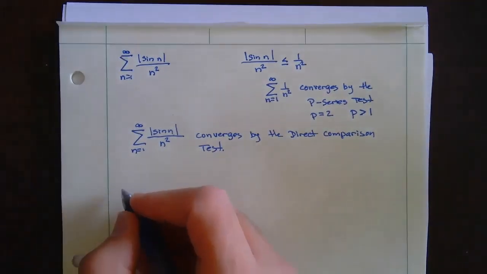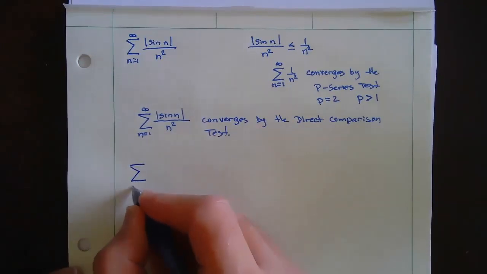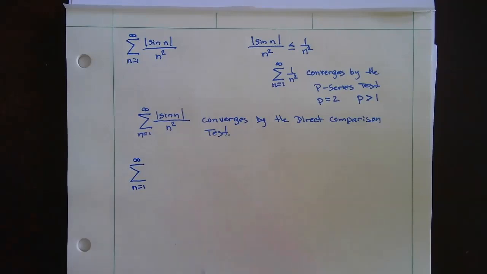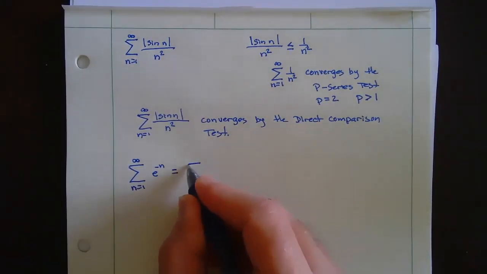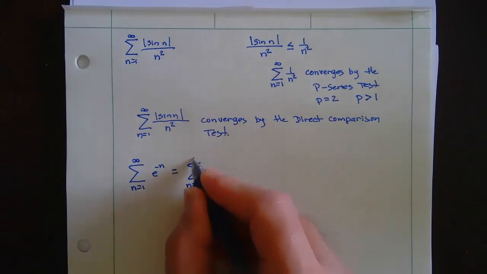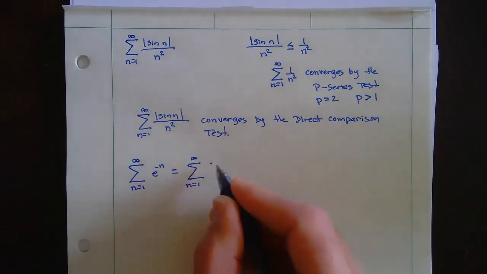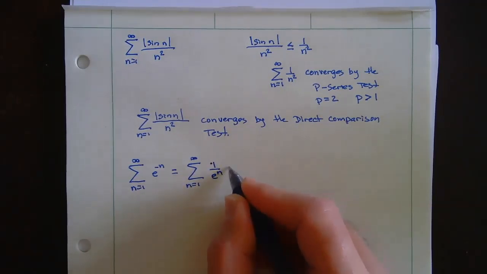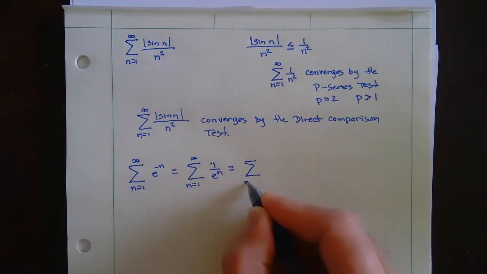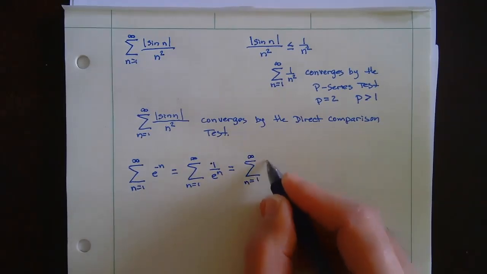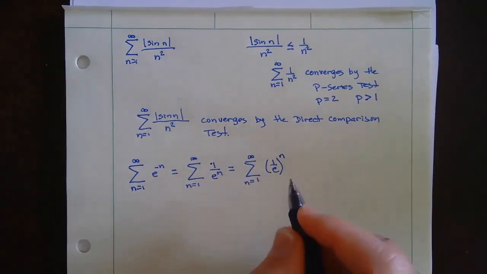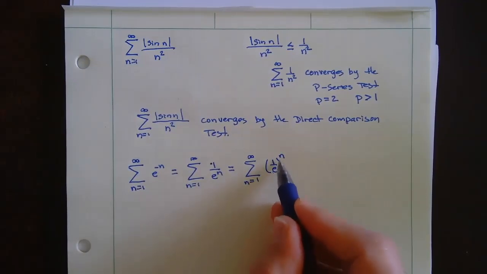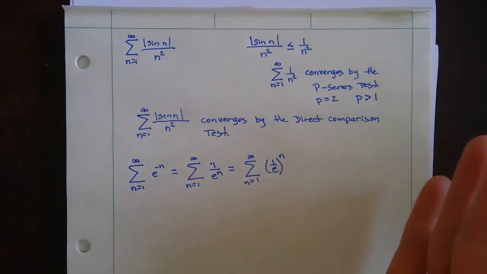The next one was the sum from n equals 1 to infinity of e to the negative n. What you have to realize is that this is the sum of 1 over e to the n, and that's a geometric series. Now e is about 2.7, so 1 over e is less than 1, so we know it converges.